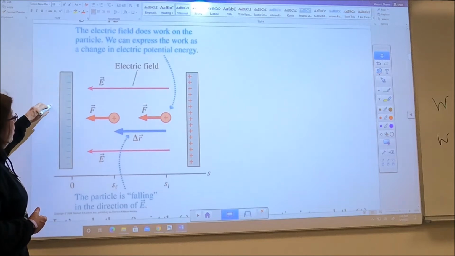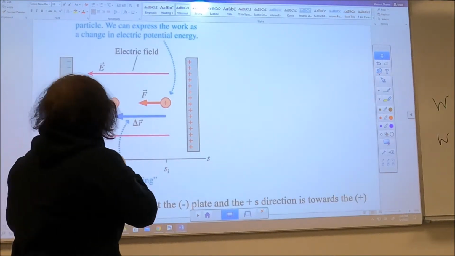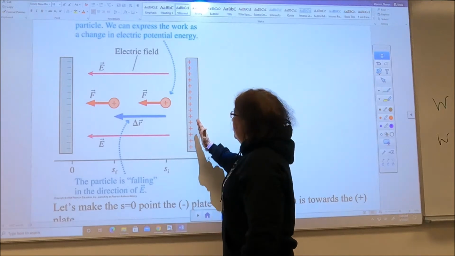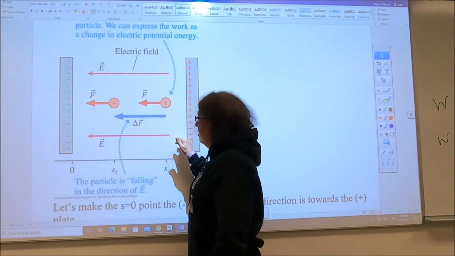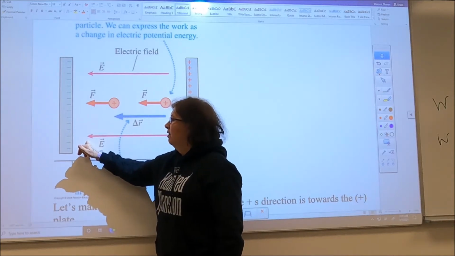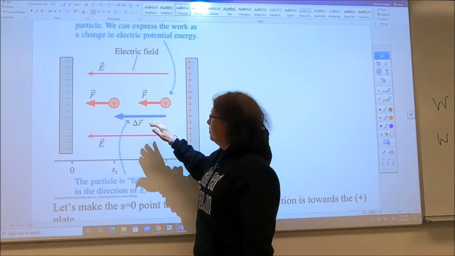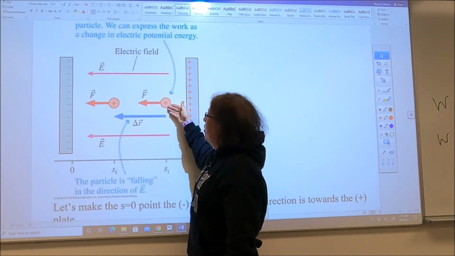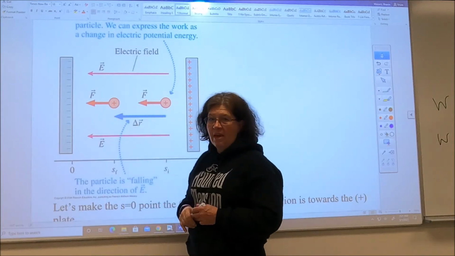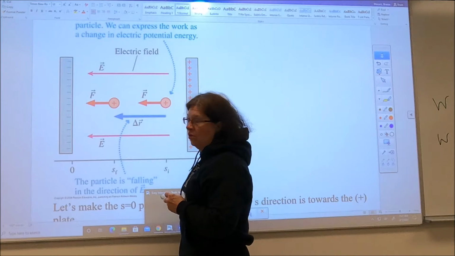So, if I have a parallel plate capacitor, and notice that the positive plate is over here, the negative plate is over here, the electric field lines then point from positive plate to negative plate, and a positive test charge is going to experience a force in the direction of the electric field.